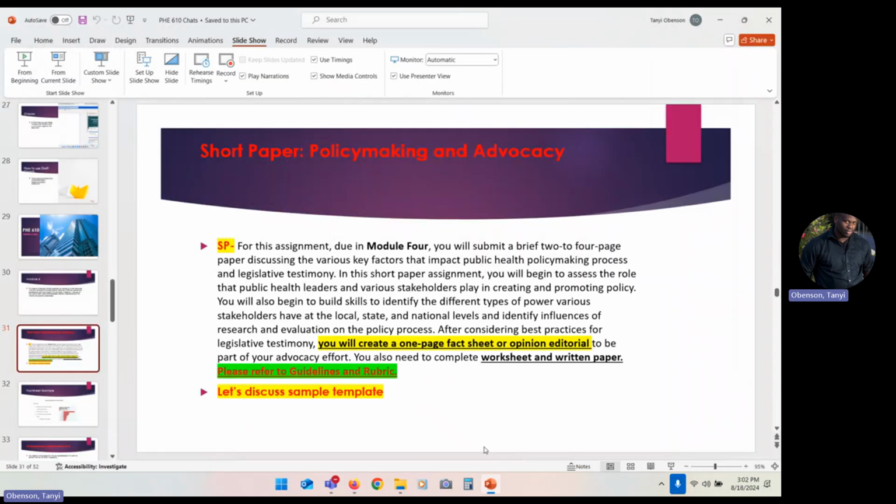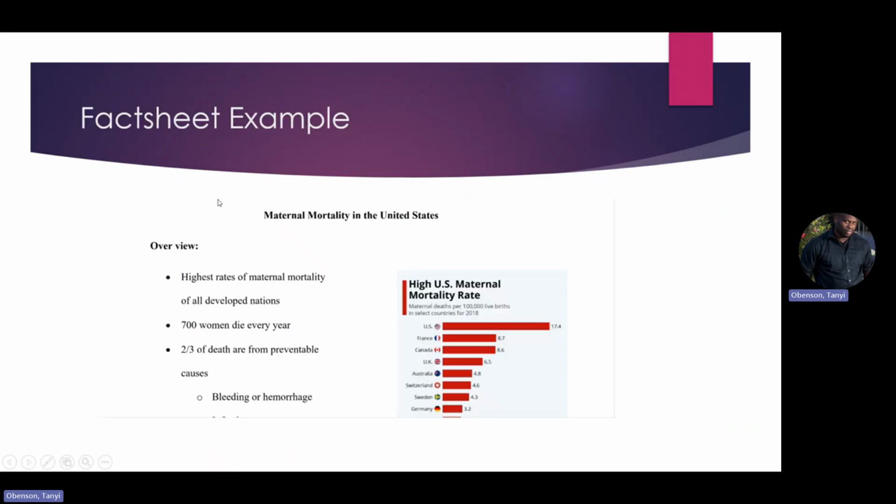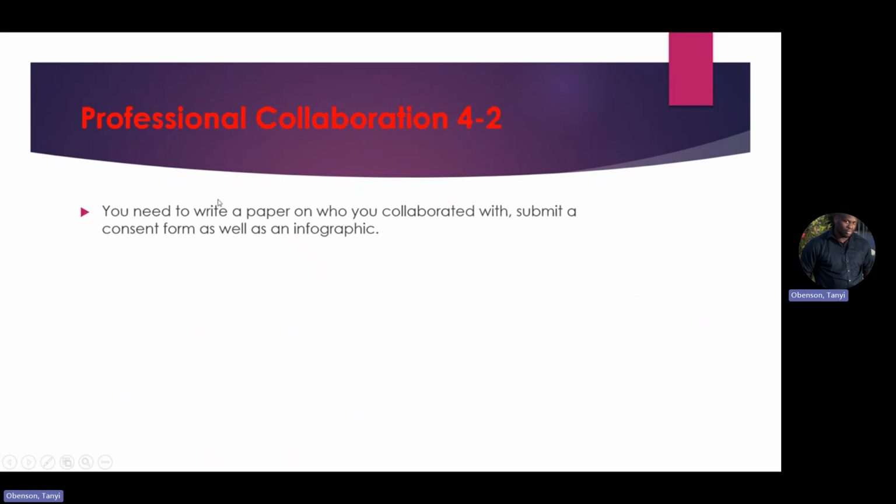So for week 4, not only do you have these 3 assignments, but you also have a professional collaboration, which is you need to write a paper on how you collaborated with a specific individual, be it a health educator, a public health official, etc. And you'll submit a consent form as well as an infographic.